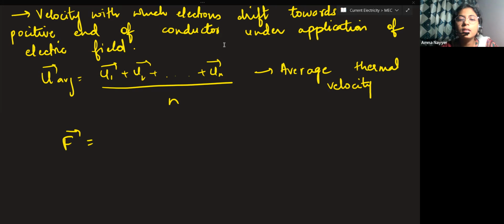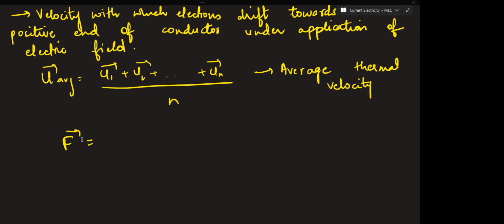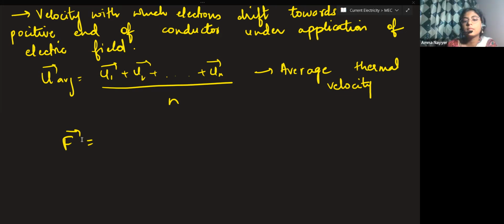Okay, Hamza, you tell me what is the relation between force, charge, and electric field? How can you relate all these three with a single equation? Yes, Hamza? Charge, electric field, and force, how can you relate all of them?